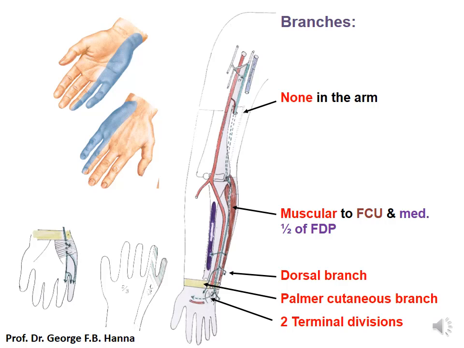Let us go back to the forearm. Remember, the median nerve supplied 6.5 muscles out of 8. So 1.5 muscles will be supplied by the ulnar nerve, which are flexor carpi ulnaris in brown here, and in violet here, the medial half, the ulnar half of flexor digitorum profundus.